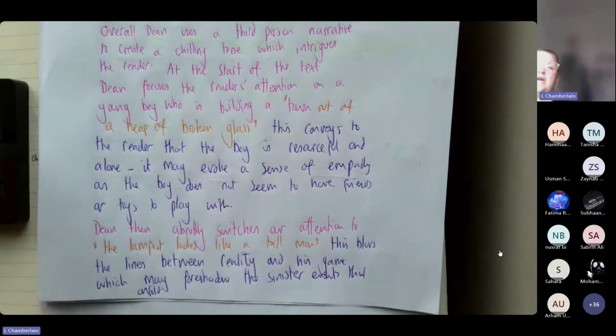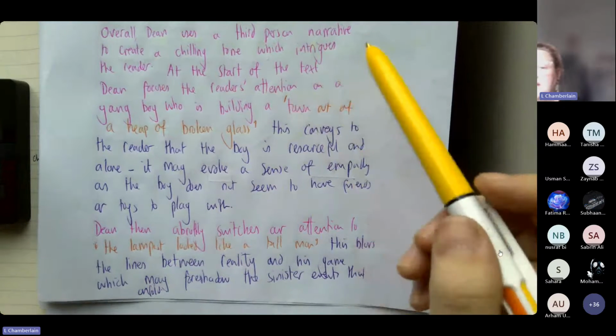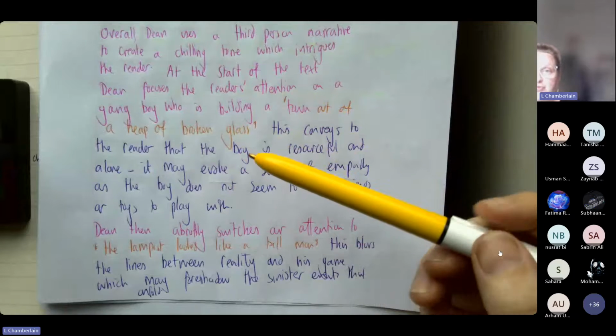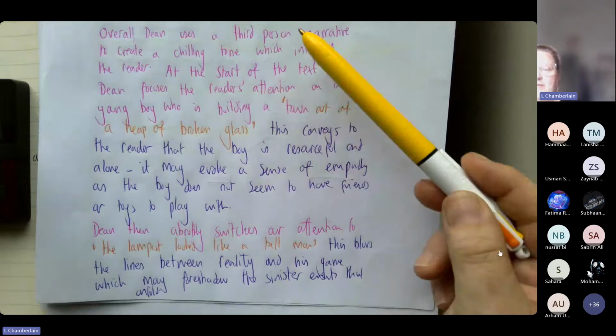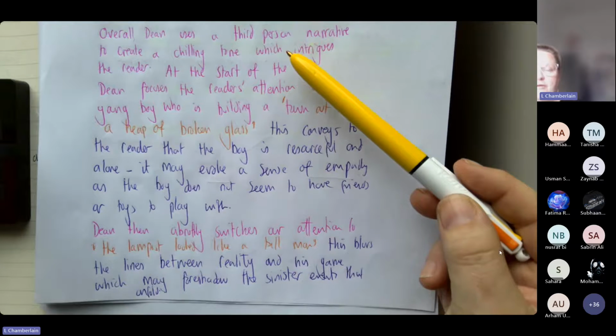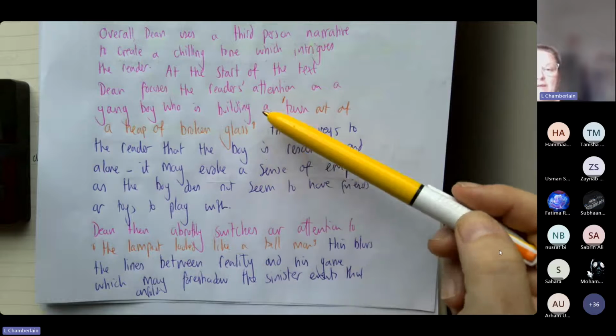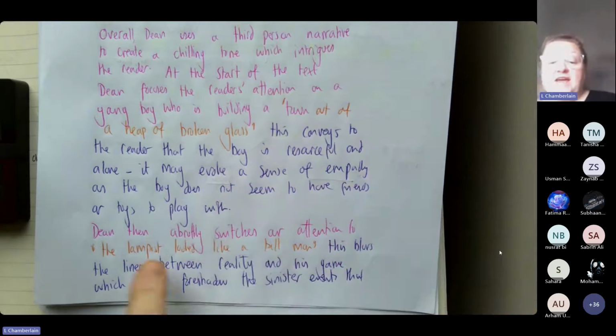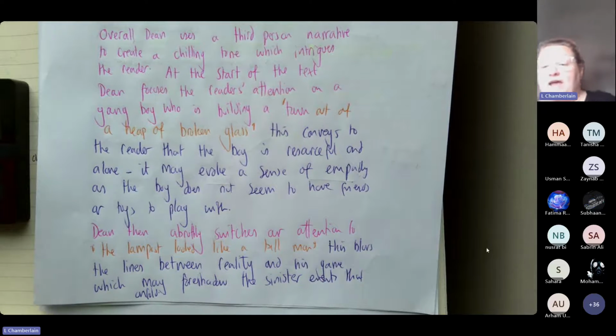So see how we're building up these ideas. So far, I've mentioned three different structural things that the writer's done. I've talked about the third person narrative, albeit briefly. I've talked about the switch of focus, and then I've also talked about that element of foreshadowing.